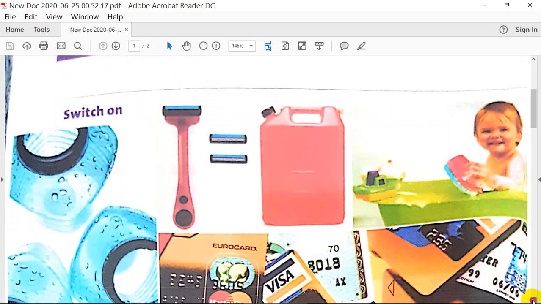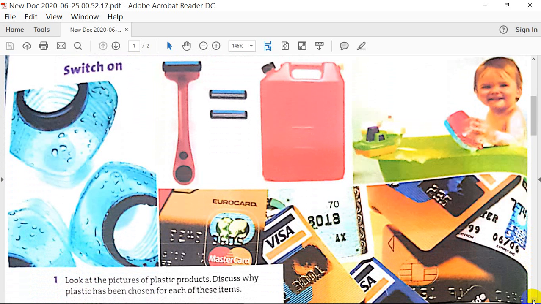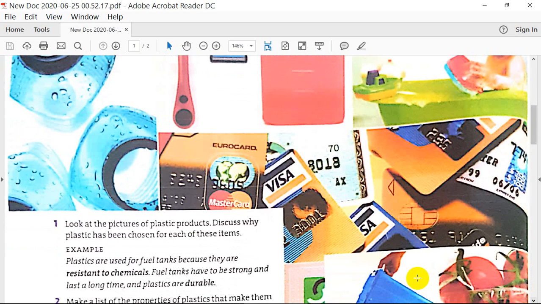So we have here a photo of more than one product made of plastic. Number one, we have bottles for water. We use plastic for bottles of water, for razors, they can shave our beards. For tanks of oil, tanks for chemical materials. We can also use fuel tanks.